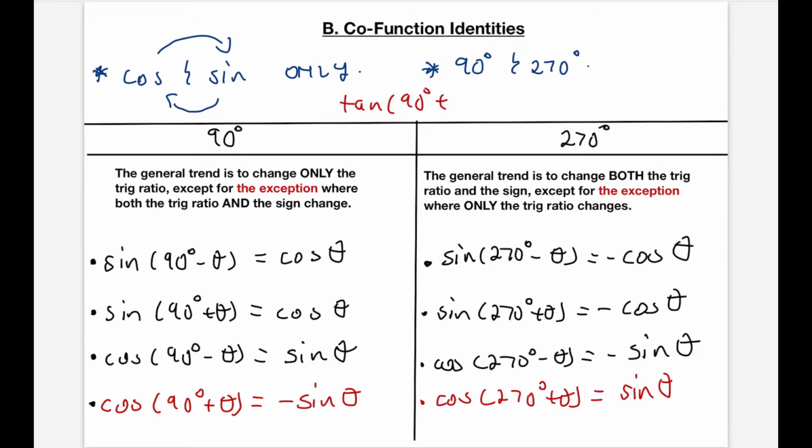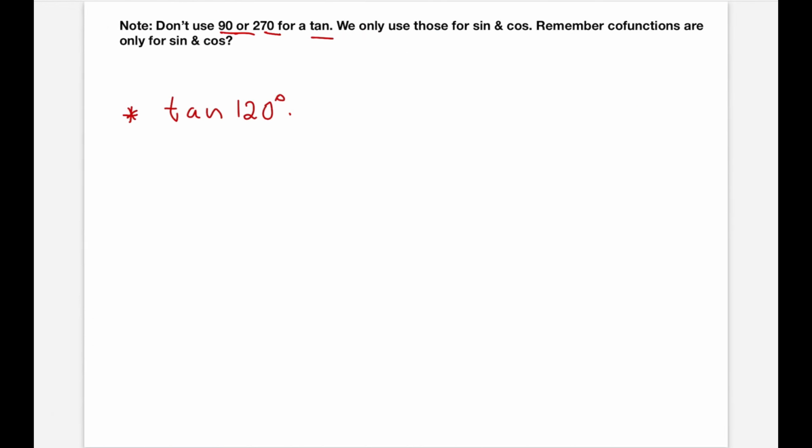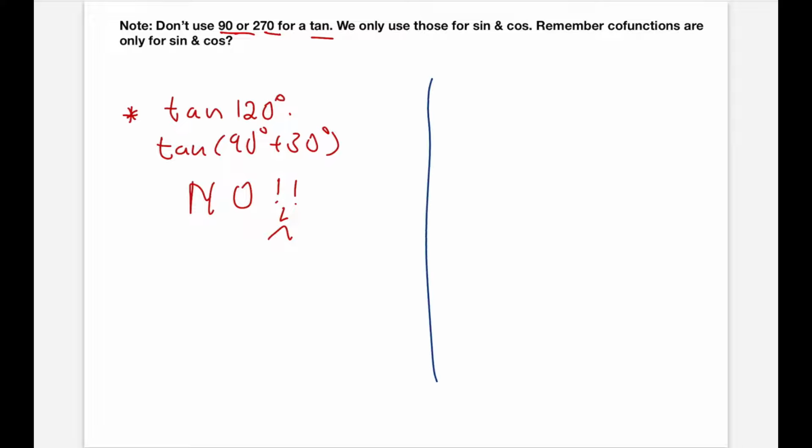So don't use 90 degrees for a tan if you're given a question. For example, if you're given tan 120, please do not say this is tan of 90 degrees plus 30. No, no, no.